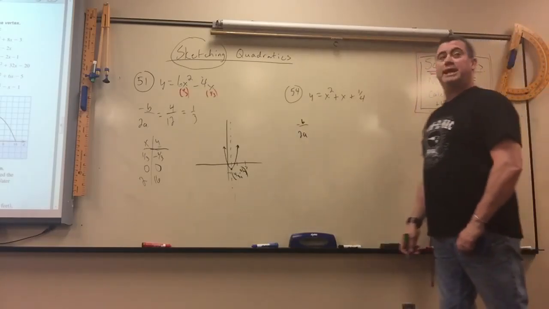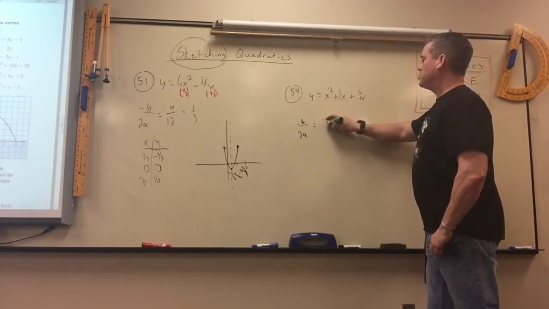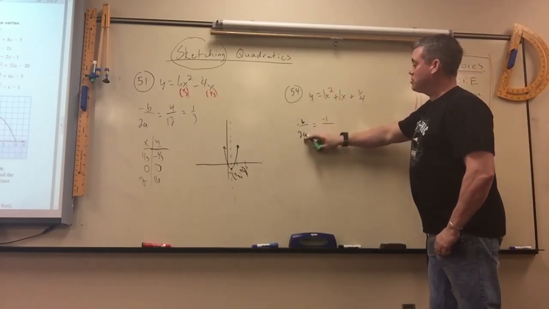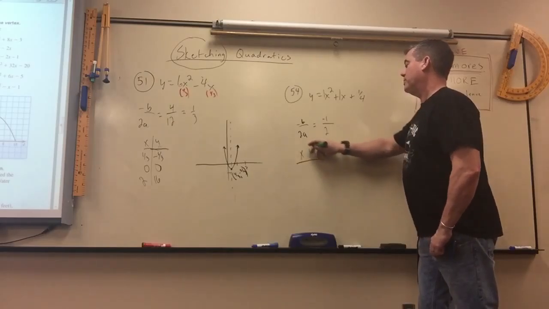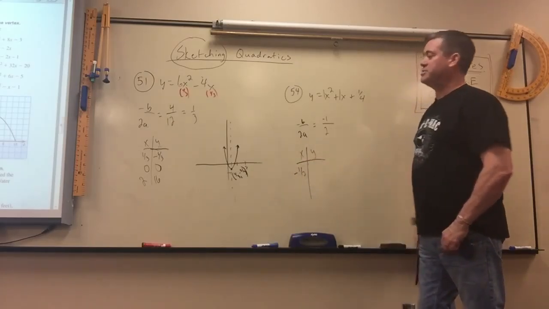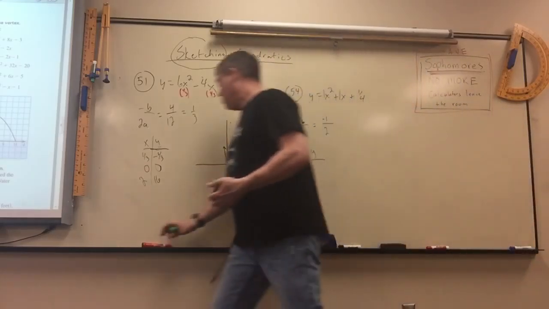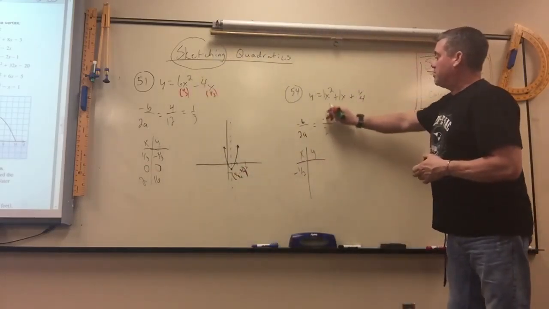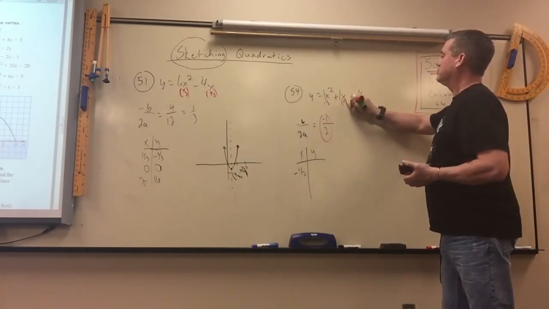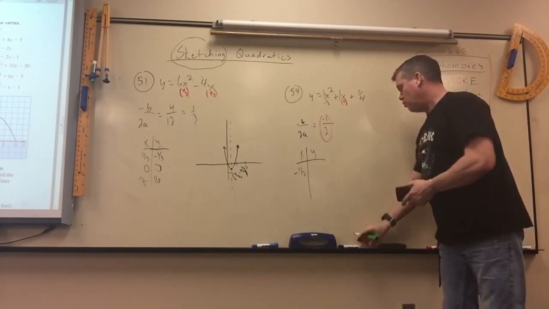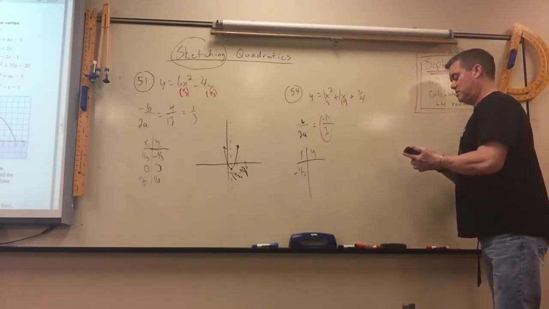So for 54, negative b over 2a, b is a 1, so it's negative 1. A is a 1, so 2 times 1 is 2. So that means negative 1/2, fraction again. So then to figure out the y, you got to plug this in for the x's. And again, when it's a negative, you put parentheses in there. On the squared part, just don't even put the negative on there.